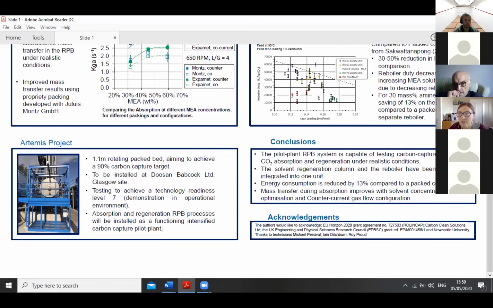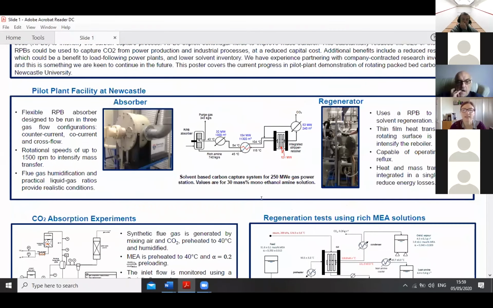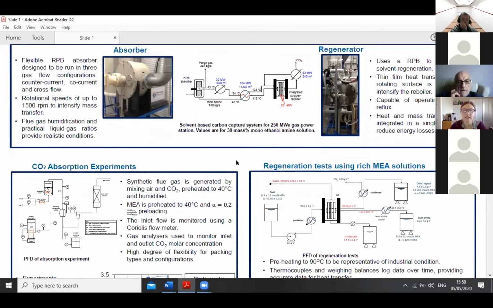James, I was wondering, regarding the rotation of the packed beds, where does the energy come from for the movement? So to drive them, there is an energy cost associated with the rotation.